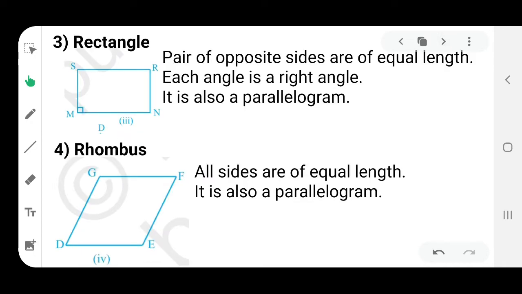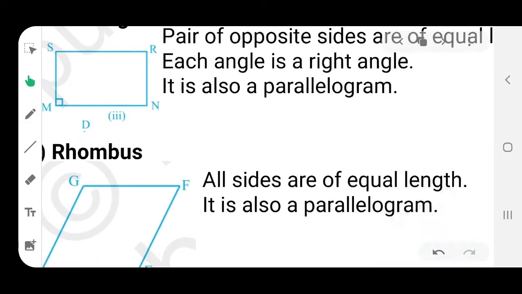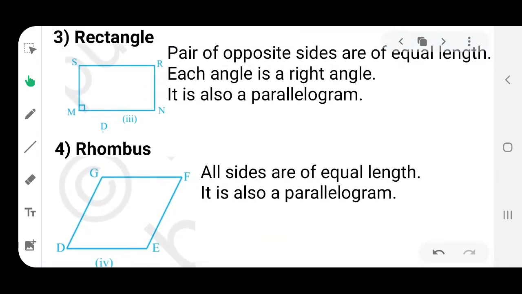Now third is a rectangle. Rectangle is what? Pair of opposite sides are of equal length. Each angle is a right angle. It is also a parallelogram. So here the first point is that the pairs of opposite sides will be equal to each other. Opposite sides means here MN and SR are opposite to each other and they will be equal to each other.